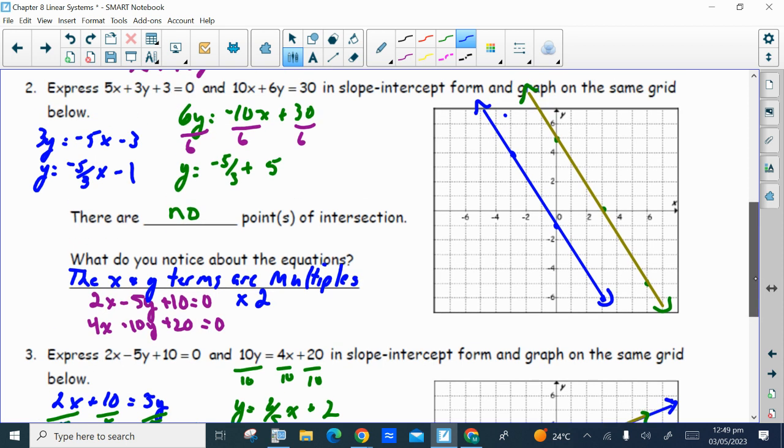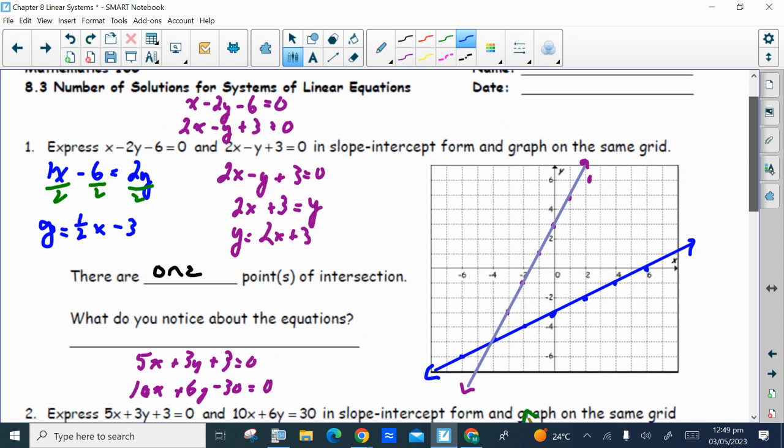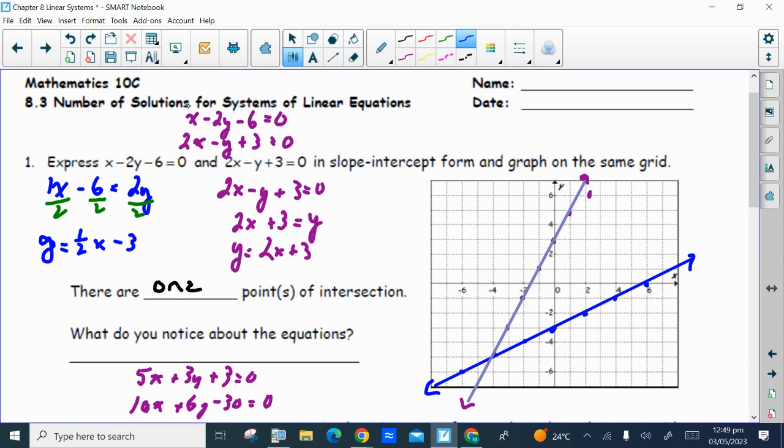So in this scenario, the x and y terms are multiples of each other. And in the first scenario, when we look at the equations and compare them, you can multiply the x by 2 to get 2x, but when you multiply negative 2y by 2, you get negative 4y. And then you multiply negative 6 by 2, you'll get negative 12, not positive 3.